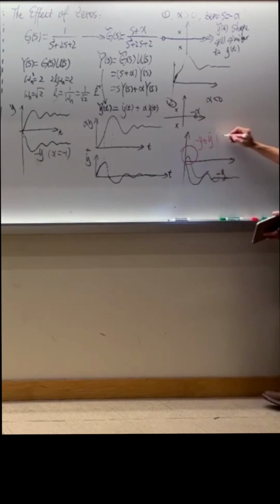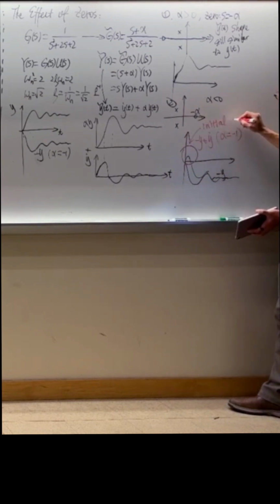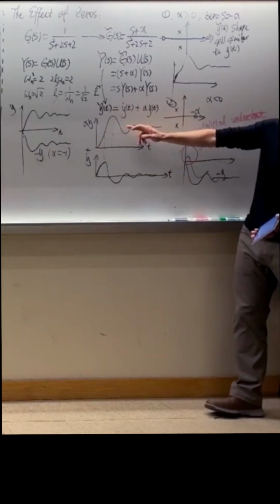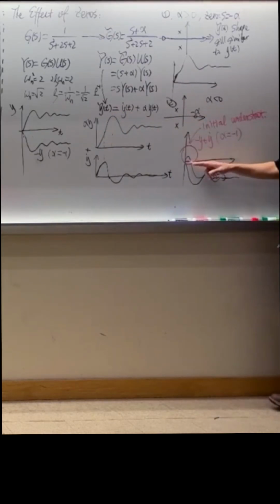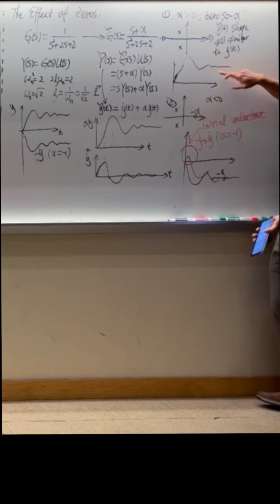This is the example of alpha equal to negative 1. We call it overshoot when you go beyond the steady state value, and undershoot is if you go the other direction compared to your steady state value. Obviously, this is not as good as this.